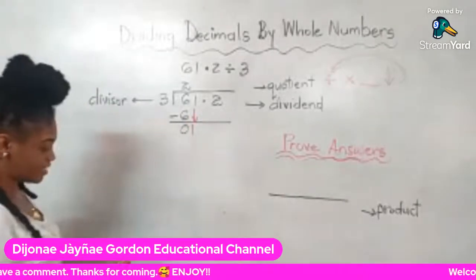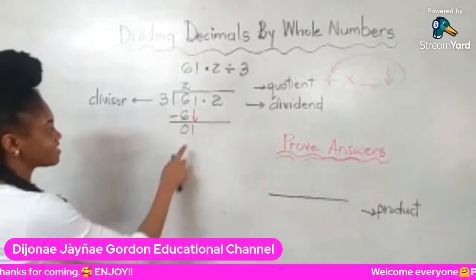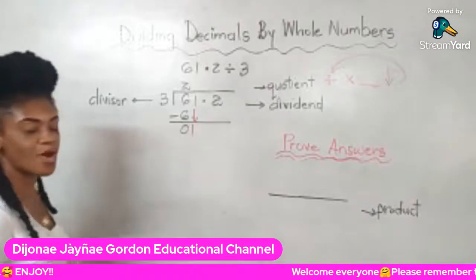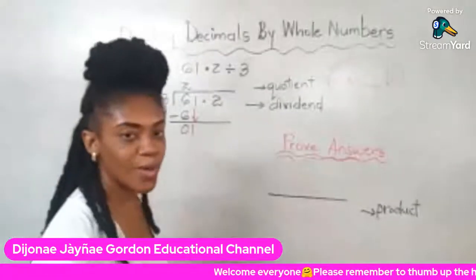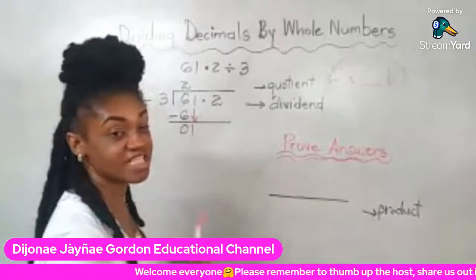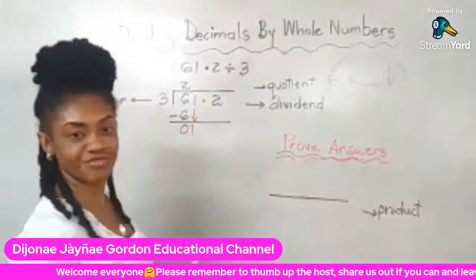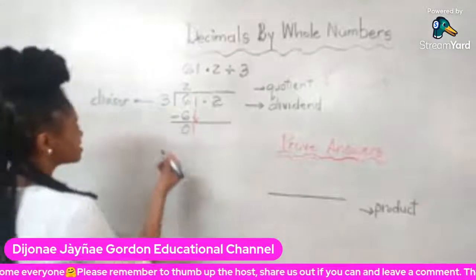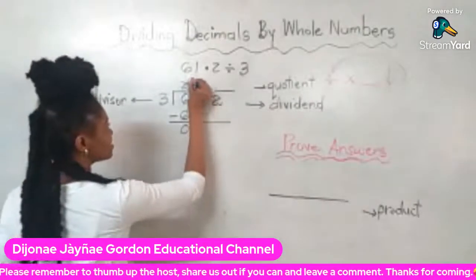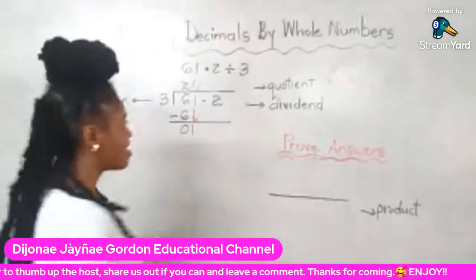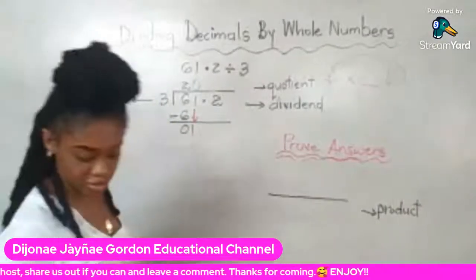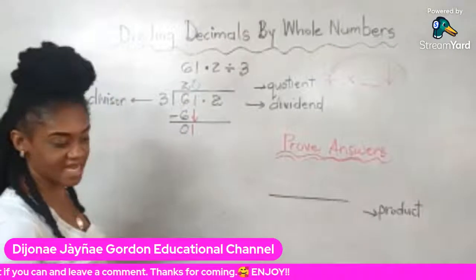Now you are going to say to yourself, can I get a group of 3 from 1? No, we can't, because 1 is smaller than 3. So I'm going to put a 0 right here to say no, we can't. Then we look to see what is next.